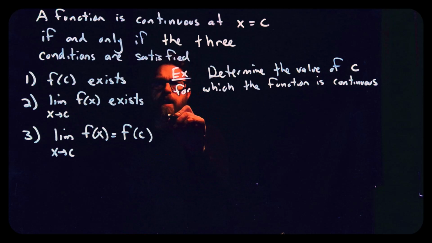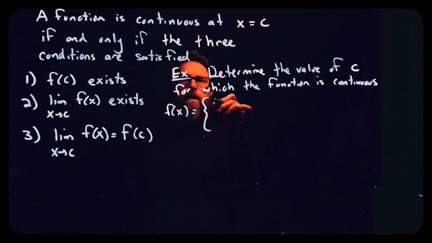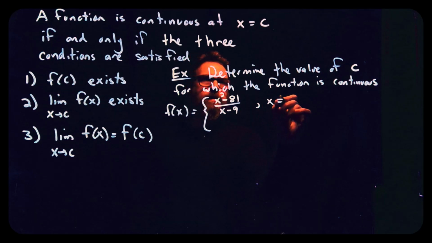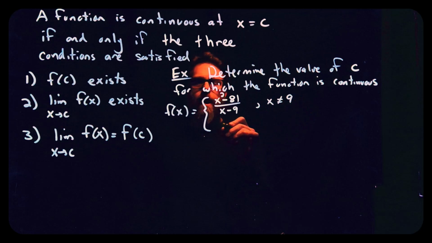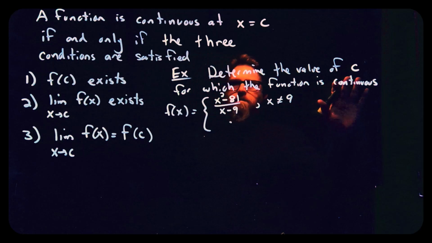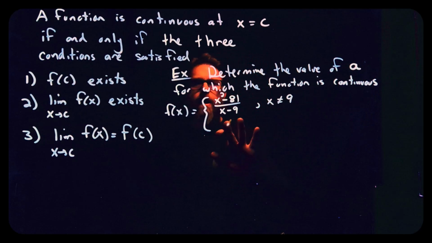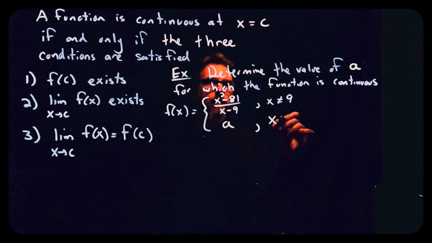Our function is f of x equals x squared minus 81 all over x minus 9, when x is not equal to 9. And then at 9, I don't want to call this c, let's call this the value a. So this is going to be equal to a when x is equal to 9.